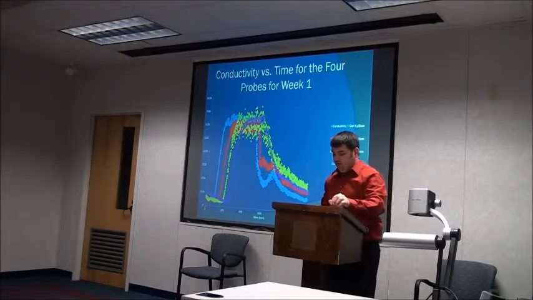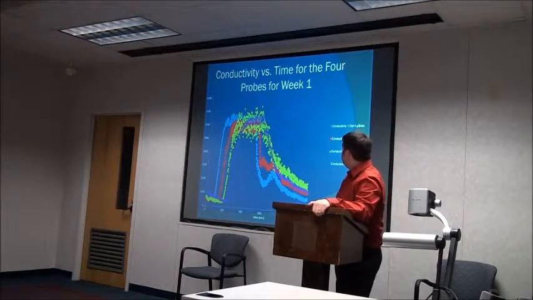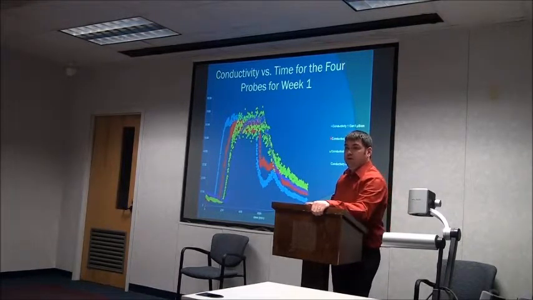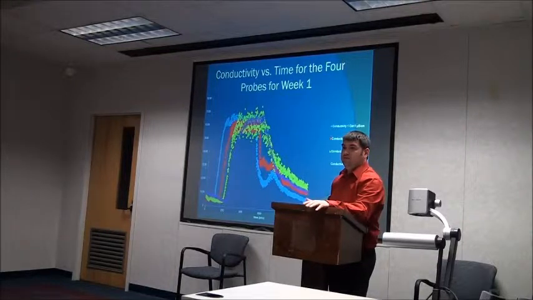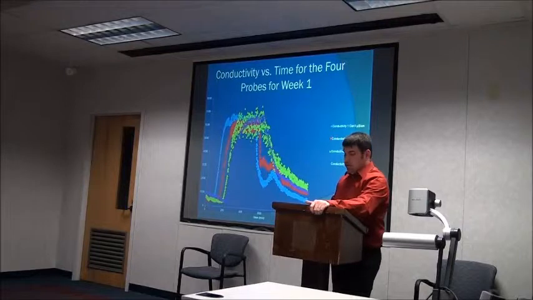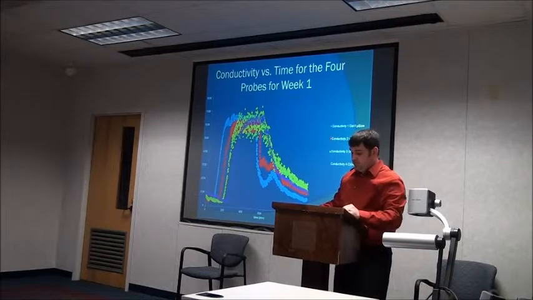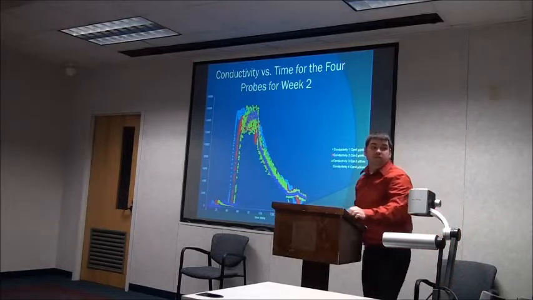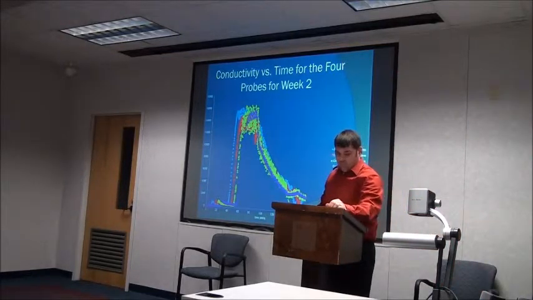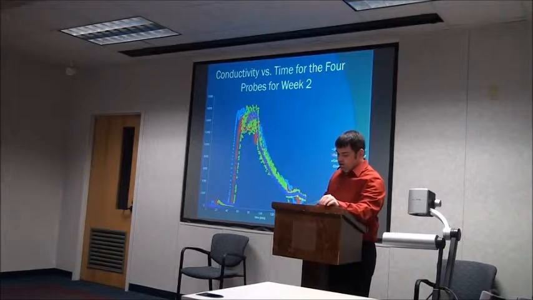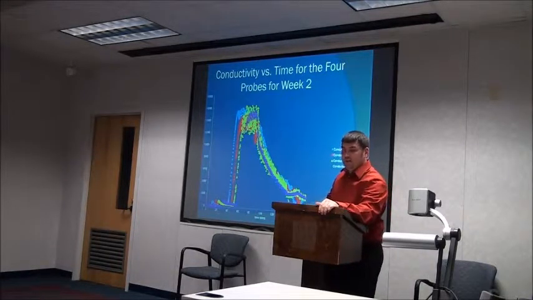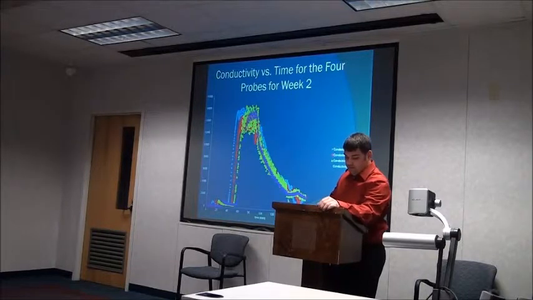Basically the figure indicates, as I said, the raw data for week 1, where a lower concentration of around 7,000 microsiemens per centimeter was used. Now this is the conductivity versus time for a higher concentration, which was around 17,000 microsiemens per centimeter.